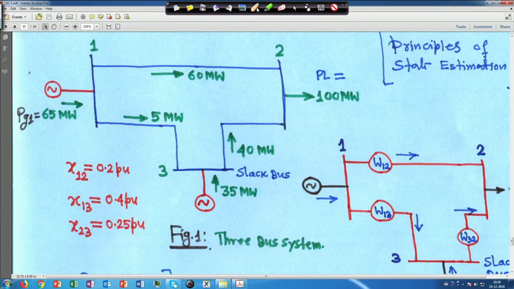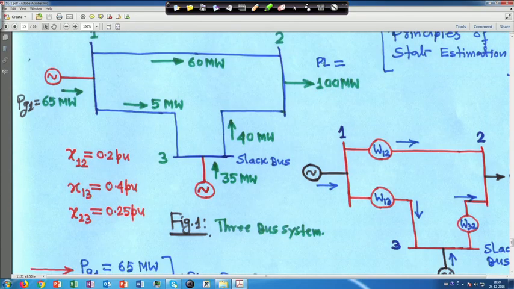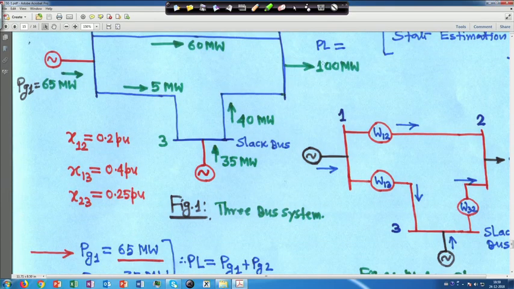Let me move a little bit up. Suppose we have connected 1 meter here, that is W12, another meter in line 13, that is W13, and another meter W32.